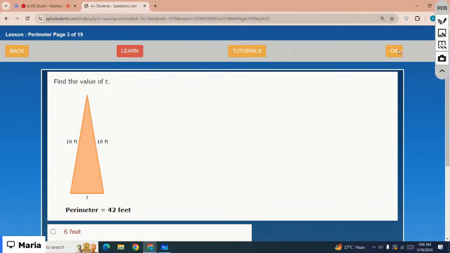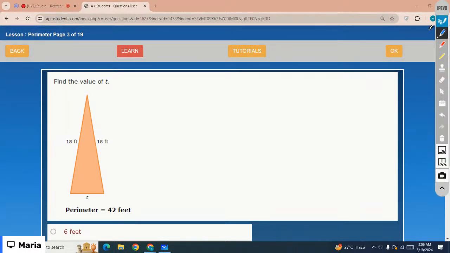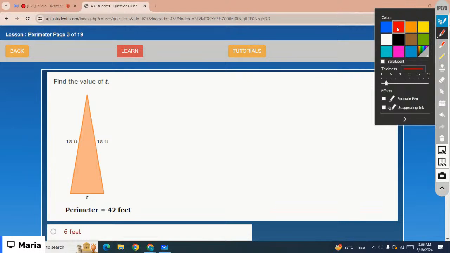Find the value of t. You are given the perimeter, two of the side lengths. The third one is missing. How do we find the third one? We know that the perimeter is the sum of all the side lengths, right? So that is 18 plus 18 plus the missing side length, that is t, and that equals 42, right?